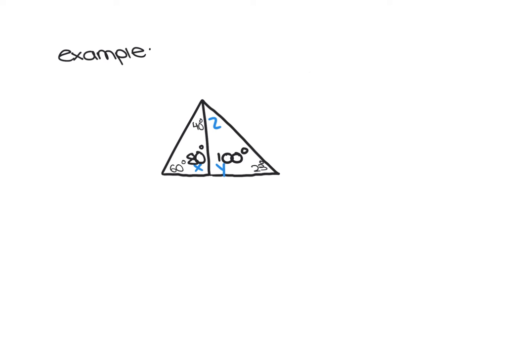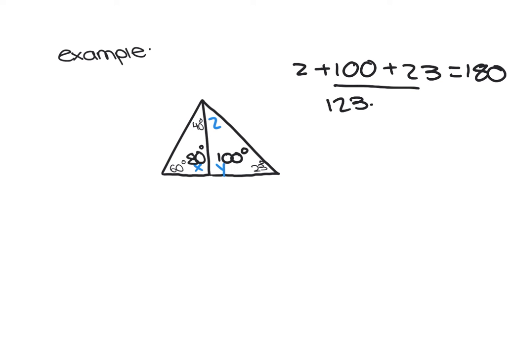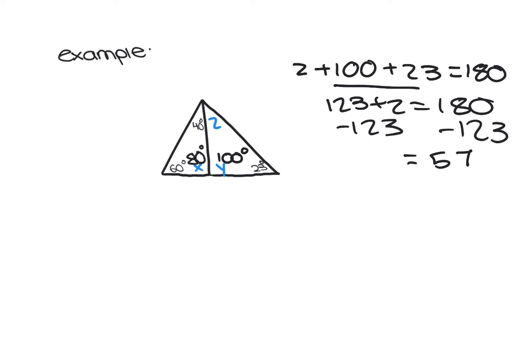With this information, we can write the equation z plus 100 plus 23 is equal to 180 degrees. 100 plus 23 is 123, so 123 plus z is equal to 180, and we subtract 123 from both sides. We are left with z equal to 57. So we can substitute 57 degrees in for angle measure z, and we have solved all angle measures.